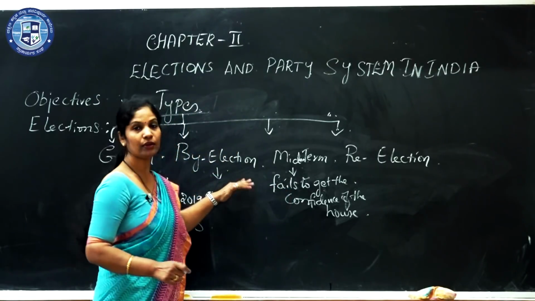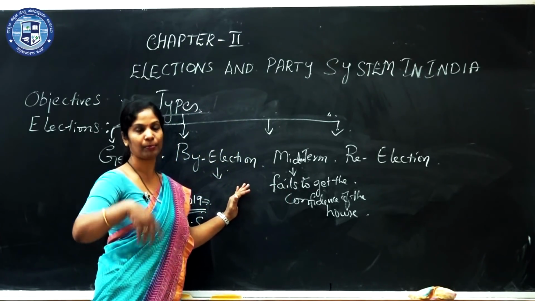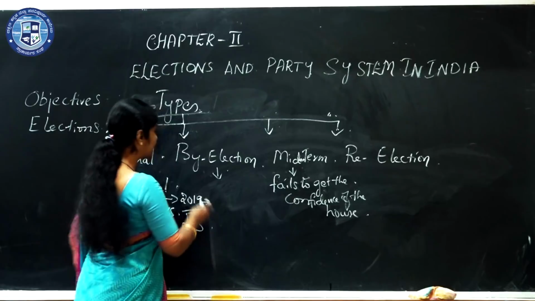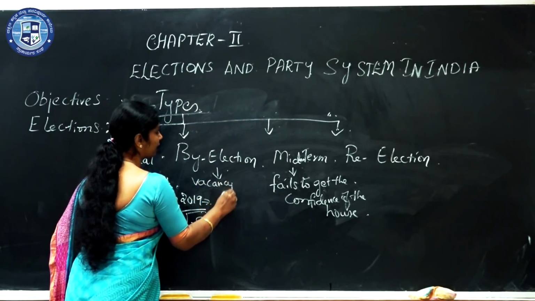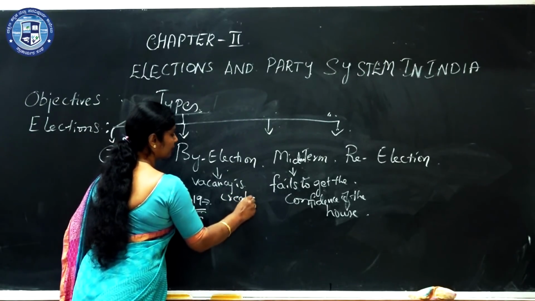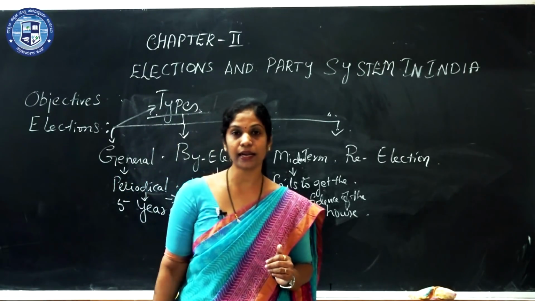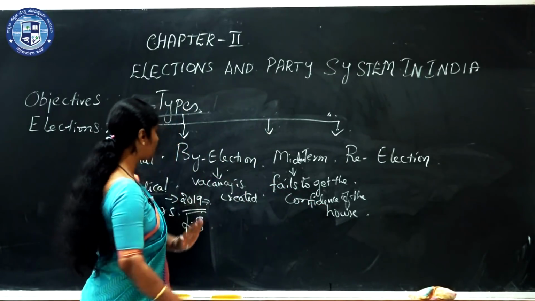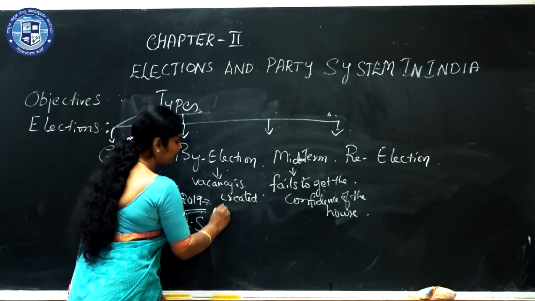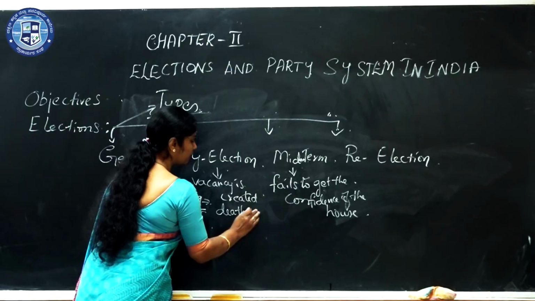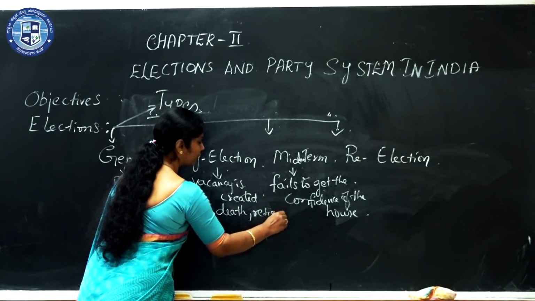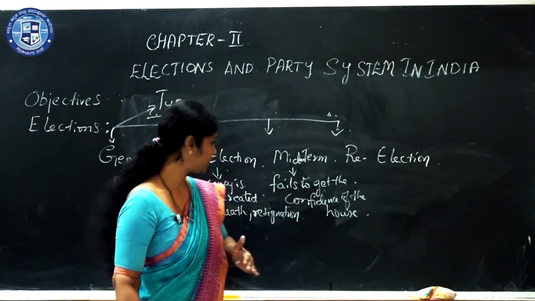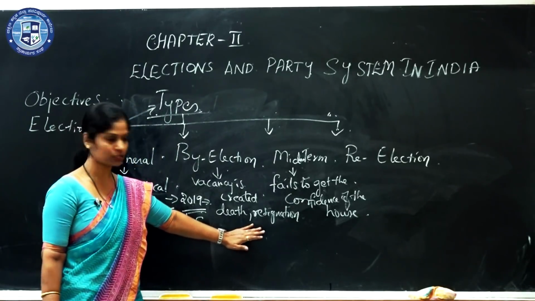Because if a vacancy is created in the post of an MP or an MLA, due to the death or the resignation of the candidate, a by-election is needed, and of course it is quite common.